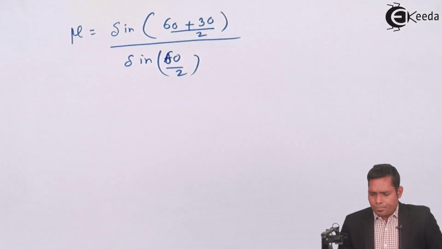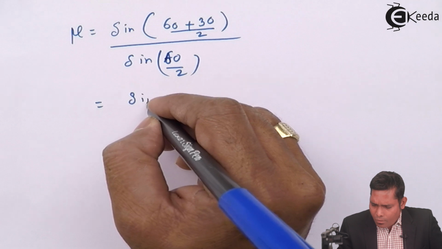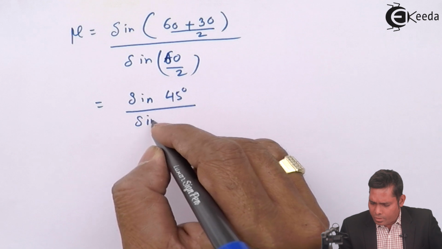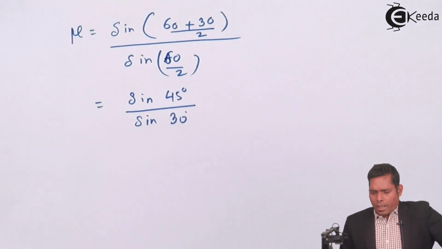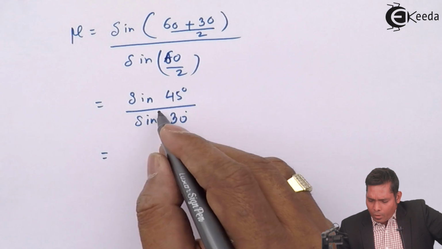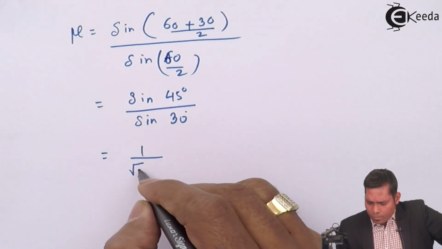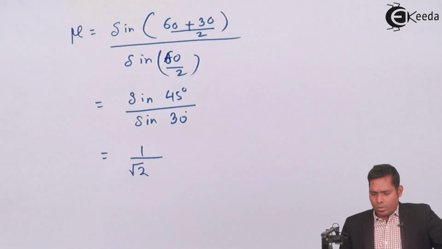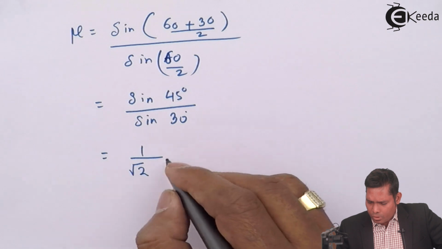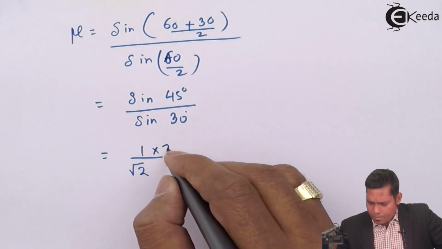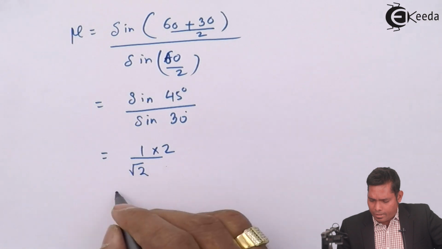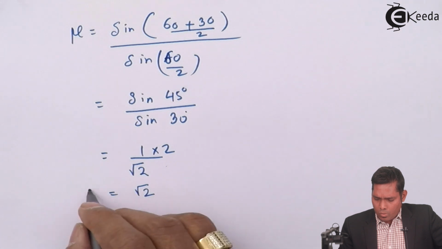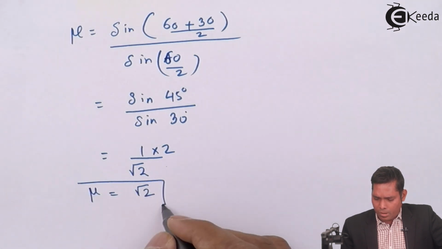So in this situation we have sine of 90 divided by 2, 45, divided by sine of 30, and that comes out to be, sine 45 is 1 upon root 2, and sine 30 is half, so it is 1 by 2, 2 goes up, 2 goes up. So finally this comes out to be root 2. This cancels and gives you root 2. So the refractive index of the prism comes out to be root 2.